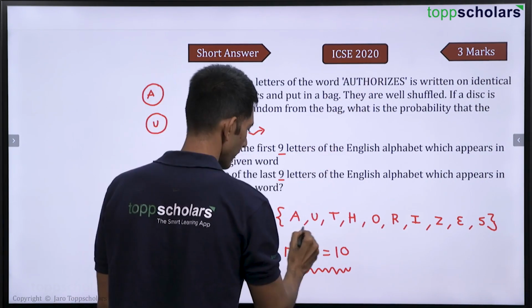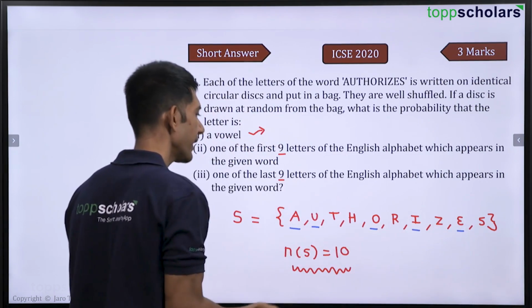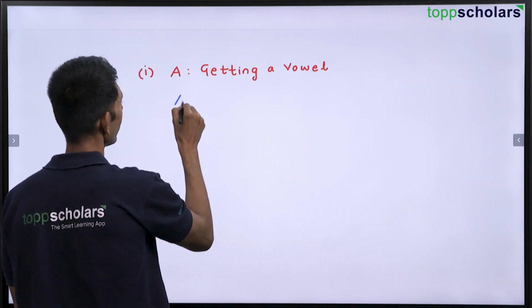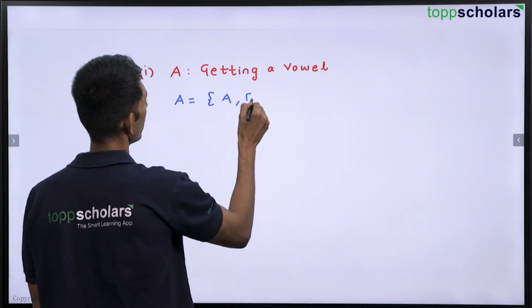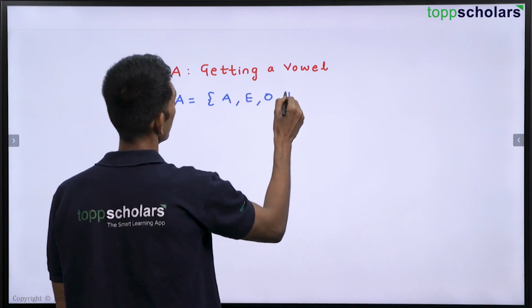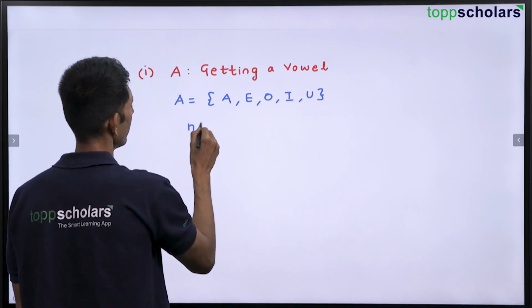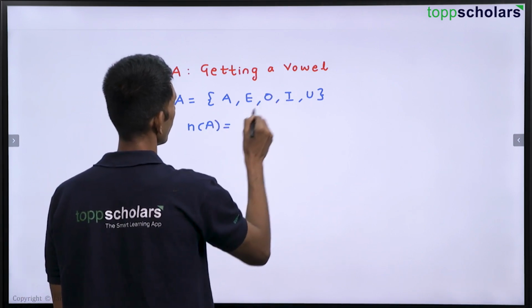We have A, we have U, we have O, I, E. Okay, all of them are there. So I'll get A, E, O, I, U. Anyways, the order doesn't matter. So can I say number of elements in the event A are 1, 2, 3, 4, 5.